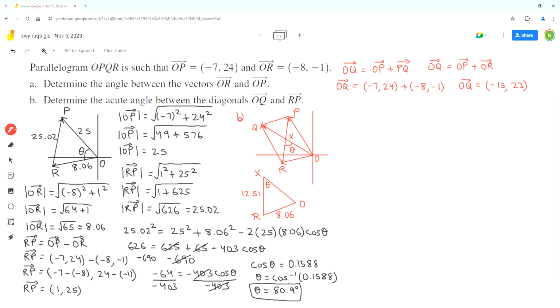And now we can find its magnitude. So negative 15 squared is equal to 225, and 23 squared is equal to 529.